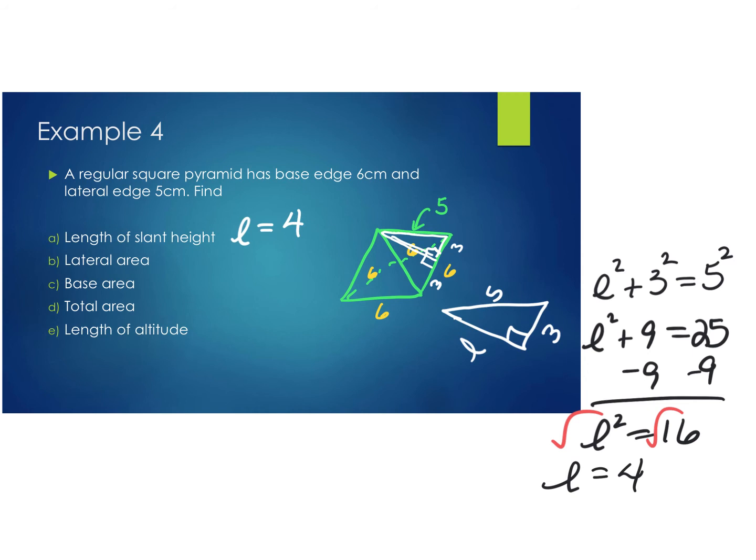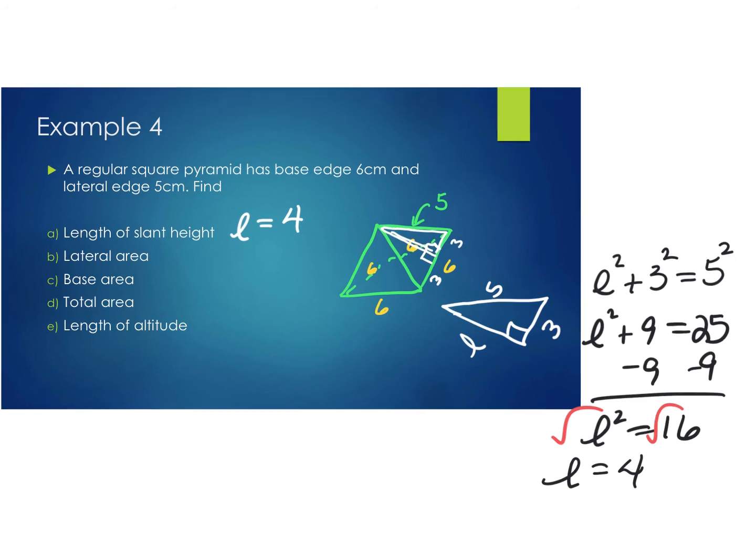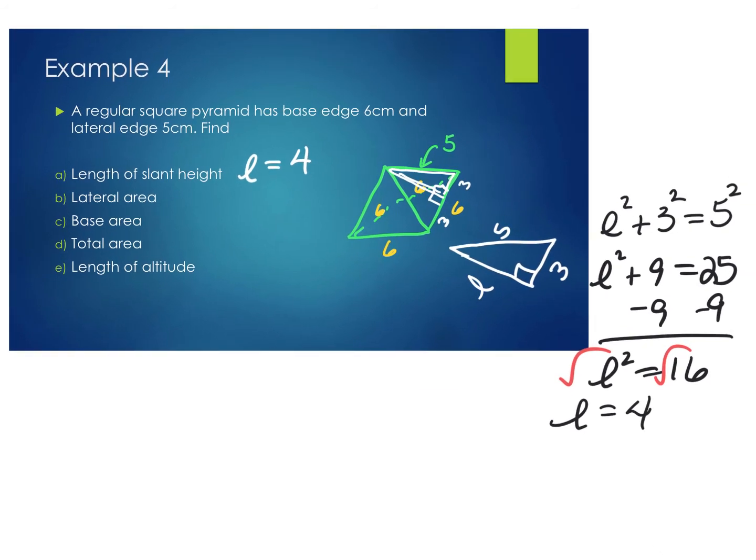Remember, to find the lateral area, we can either find each one of the triangles, and in this case, there's 4 of them, and once we find the area of one of them, times it by 4, or we can use that shortcut formula, which is the 1/2 perimeter times slant height. The perimeter of my base, each one of the sides are 6.